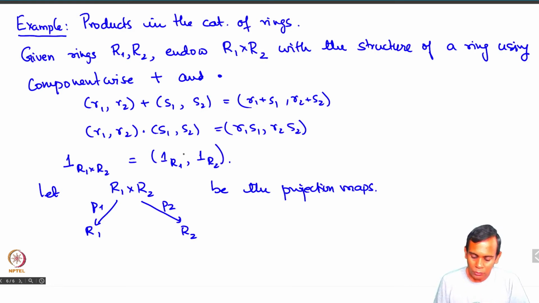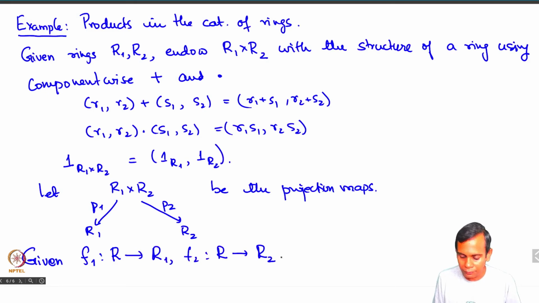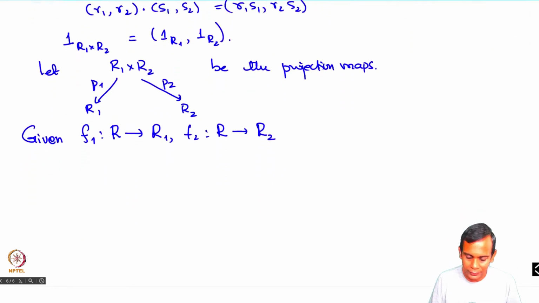So now we need to prove the universal property for a product, that is the definition of a product in the category of rings. So given a ring R and F1 from R to R1, F2 from R to R2, we need to show that there exists... So let me draw the diagram that we are after.